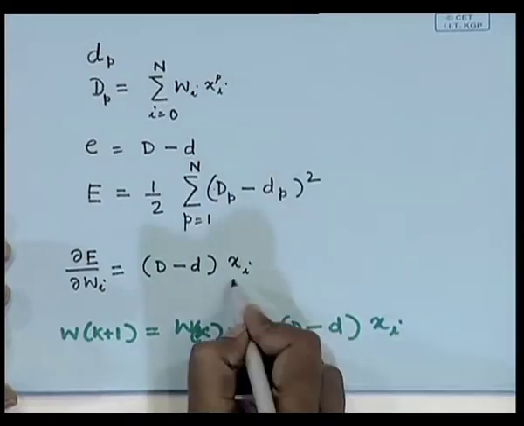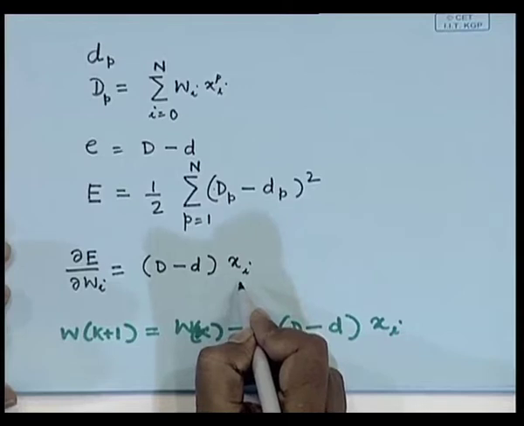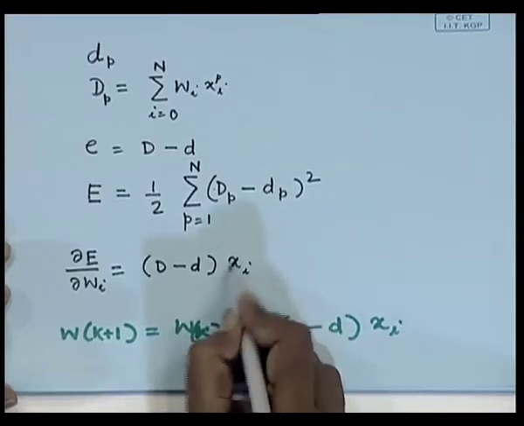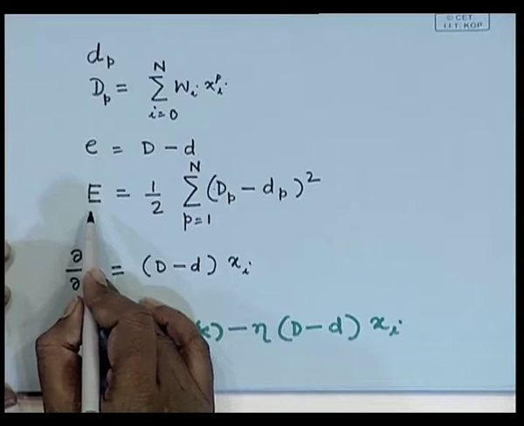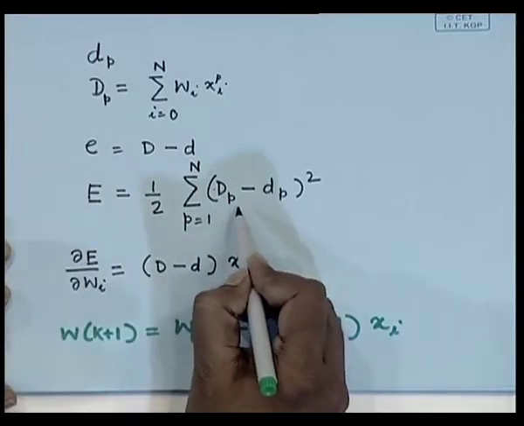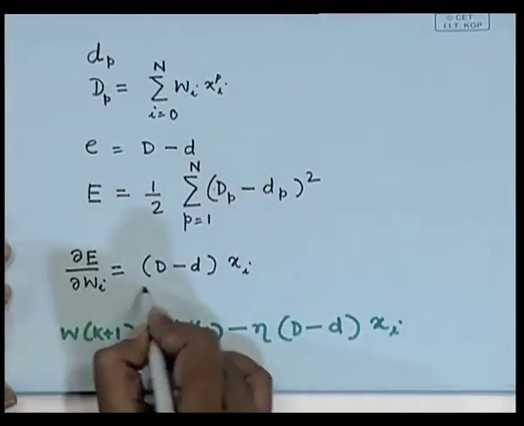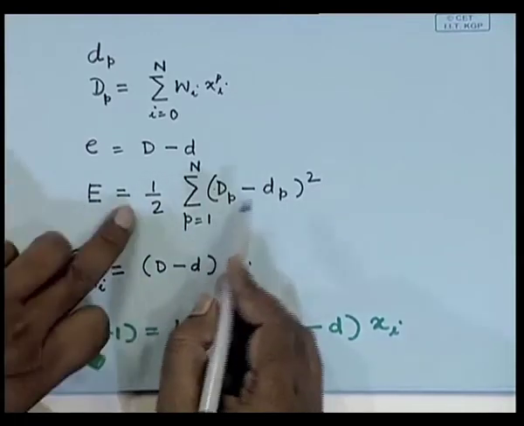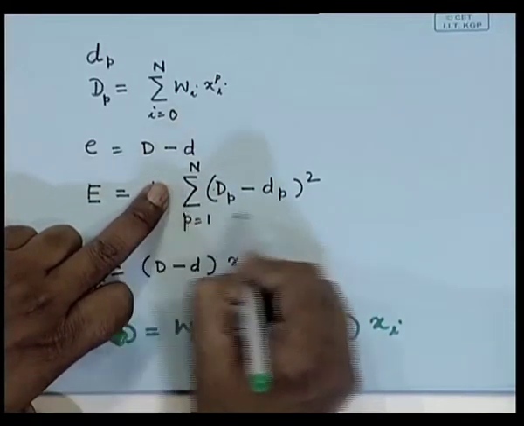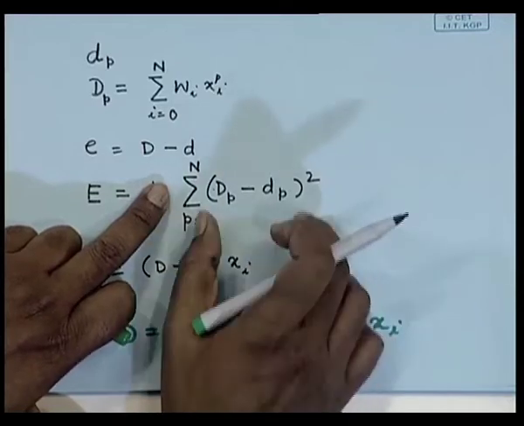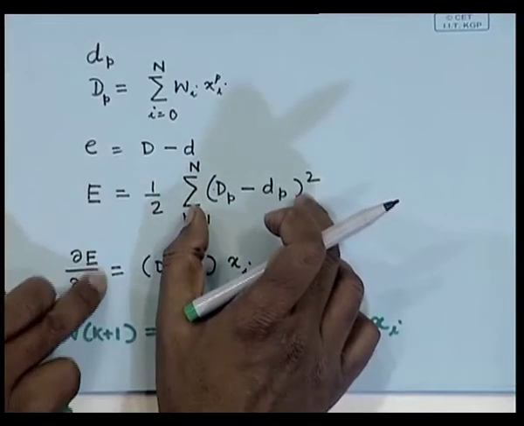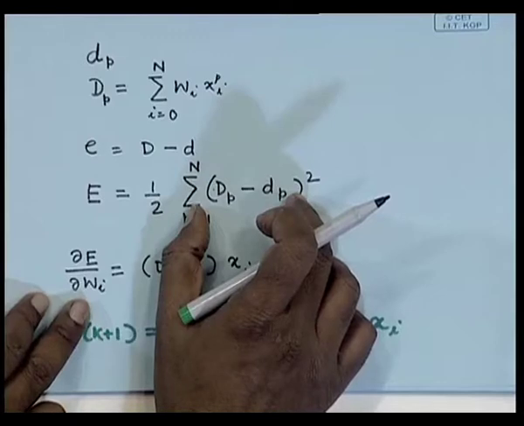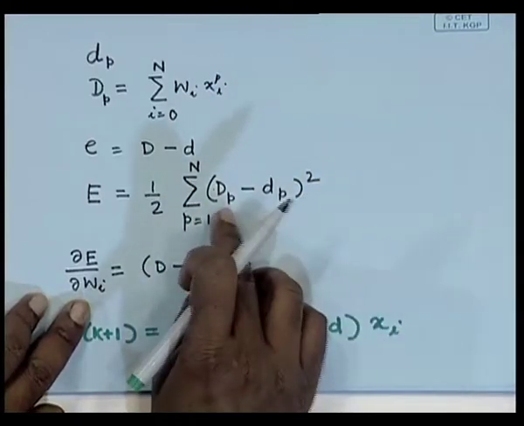So I will be left with only x_i. The contribution of this x_i into this error term was w_i into x_i. So what is this differentiation? Del E del w_i is nothing but, if I expand this whole term, because this is a square, I will have 2 into this into del w_i of (d_p minus D_p).